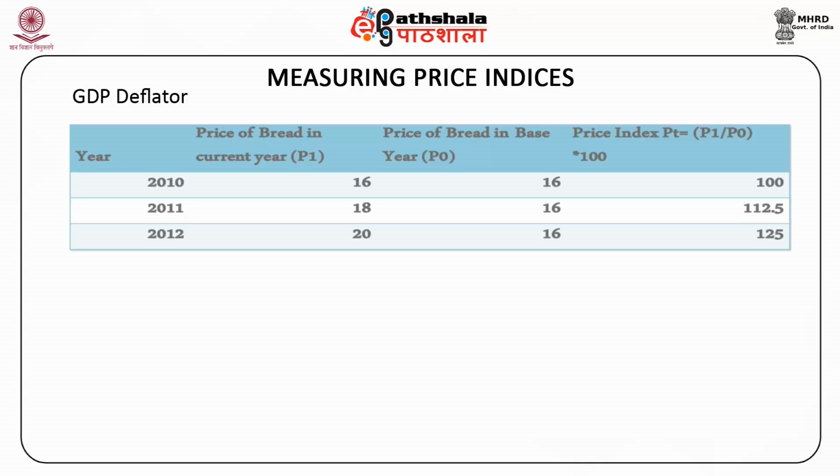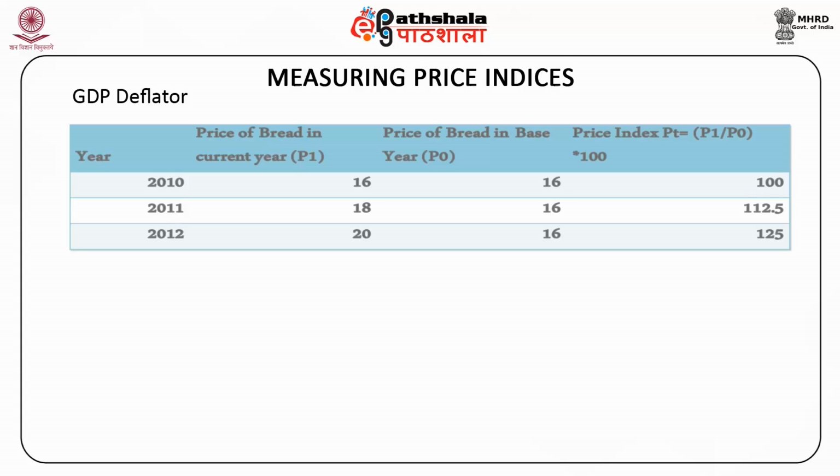This table gives an example of price of bread in the years 2010 to 2012. Suppose we have to compute the price index in each year using the base year prices of 2010. In the base year, the bread was sold at rupees 16.